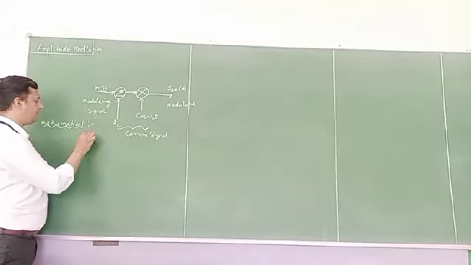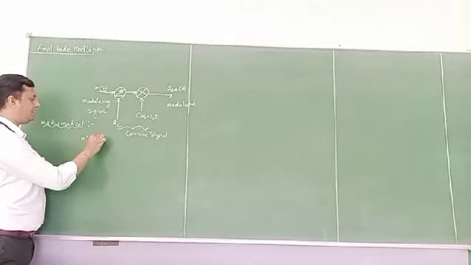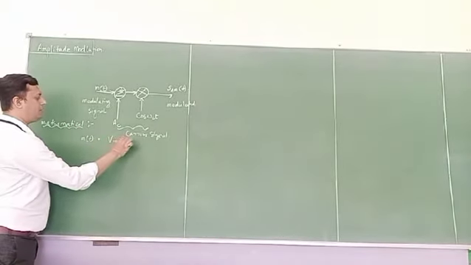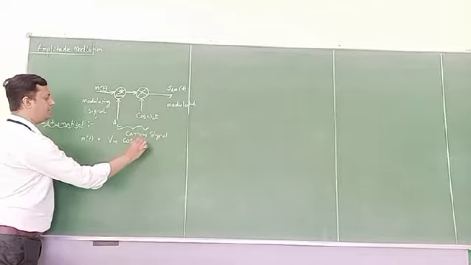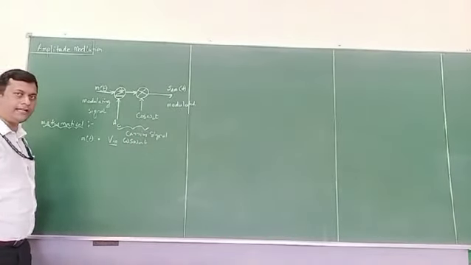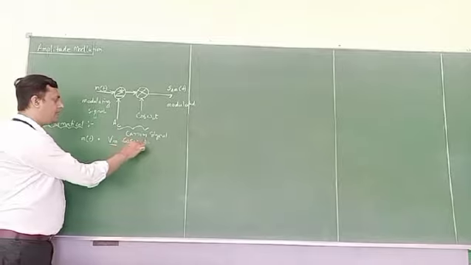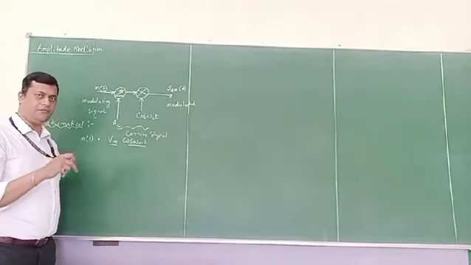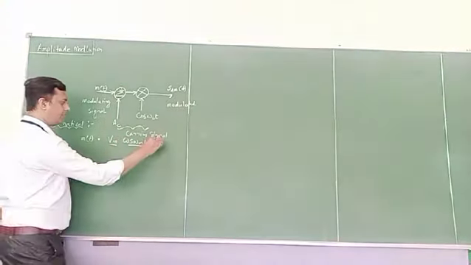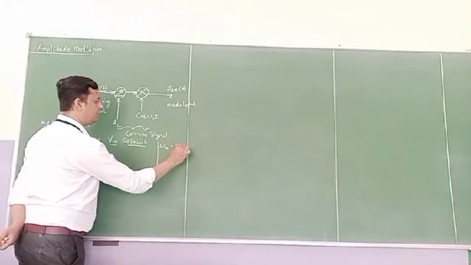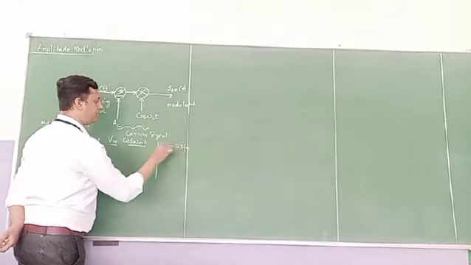First we have considered m of t, that is Vm cos omega mt. Vm is the amplitude of modulating signal, and cos omega mt indicates that it is a cosine signal with angular frequency omega m, where omega m is equals to 2 pi fm.